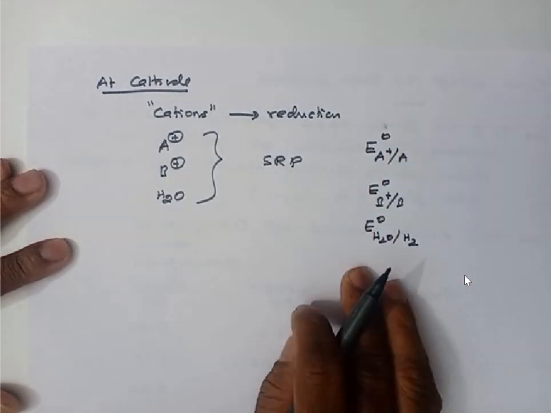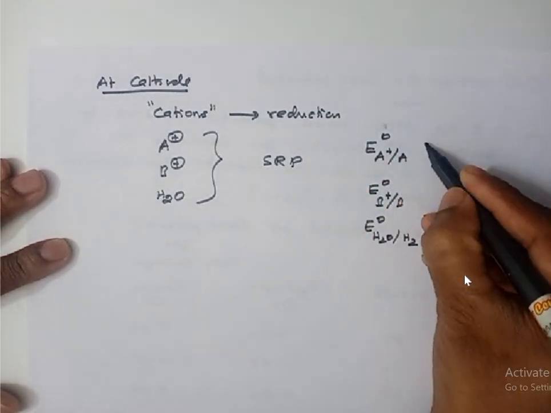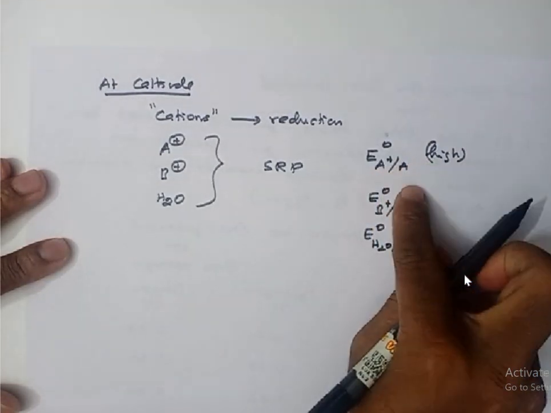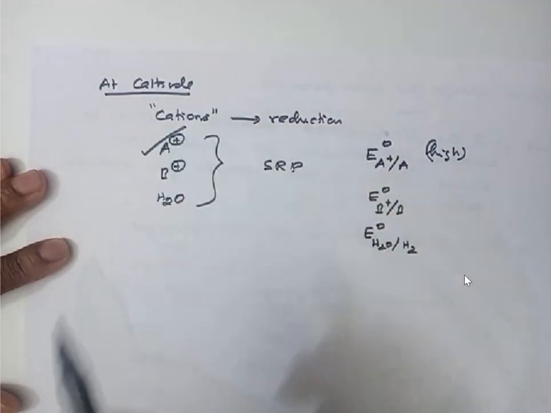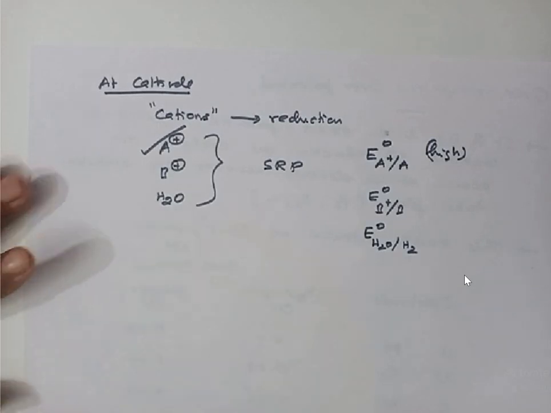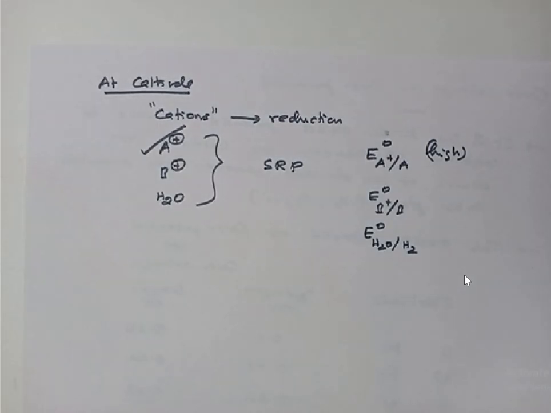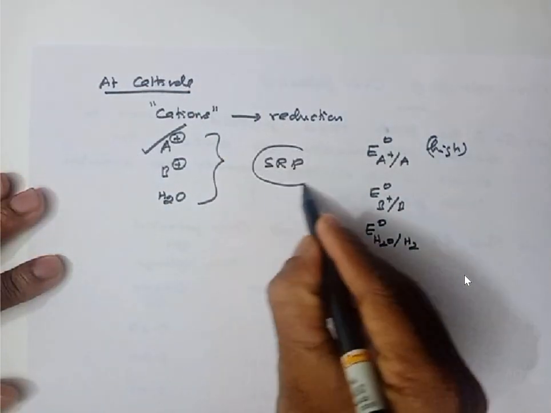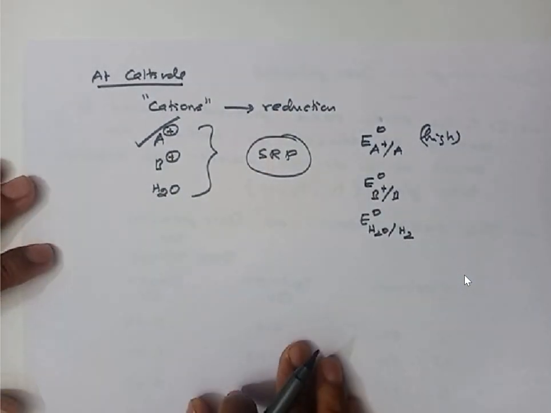Suppose this value is the highest among the three, then the A plus ion will undergo reduction first. Once all the A plus ion gets reduced, if you increase the voltage further from the battery, then the second ion will undergo reduction. Okay, so for the cathode, you have to focus on SRP values.